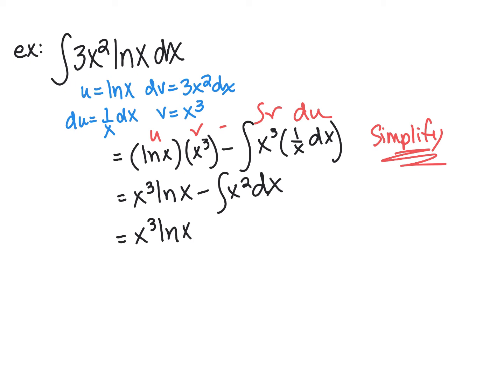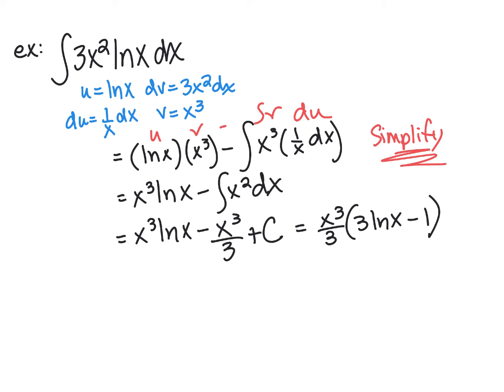So copy, minus x cubed now over 3 plus c. And then you can factor out the x cubed, get a common denominator and factor that out. Leaves me with 3 ln's minus 1 plus c. Again, to check your work, take the derivative of the factored form of your answer.